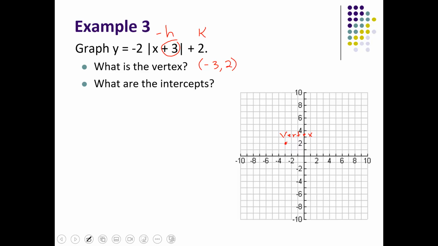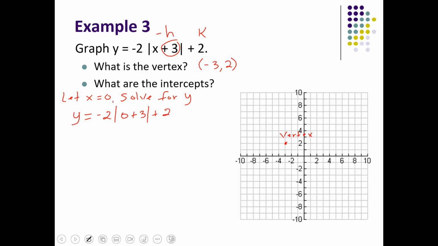So first, let x equal 0 and then solve for y. Taking our equation, y equals -2 times the absolute value of 0 plus 3, plus the 2.